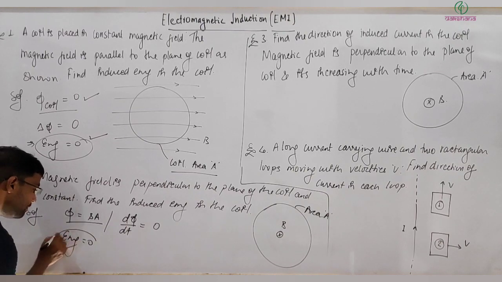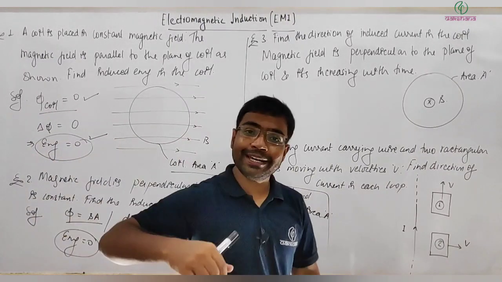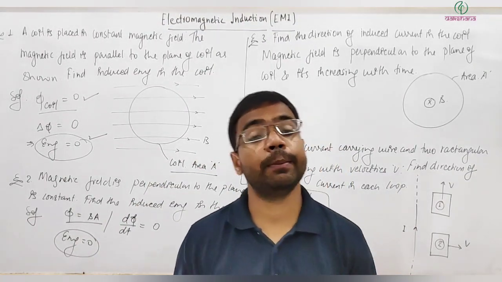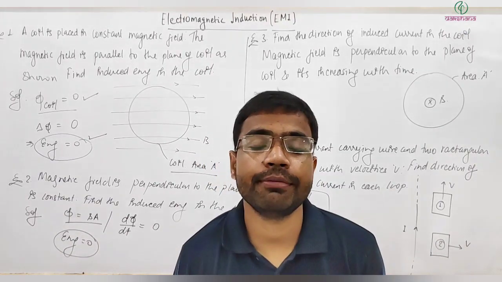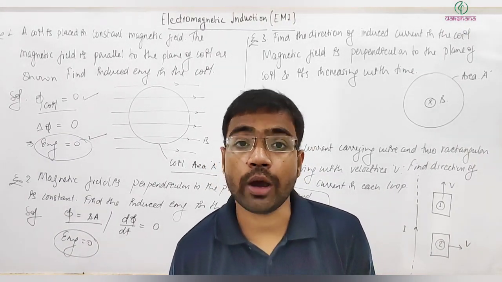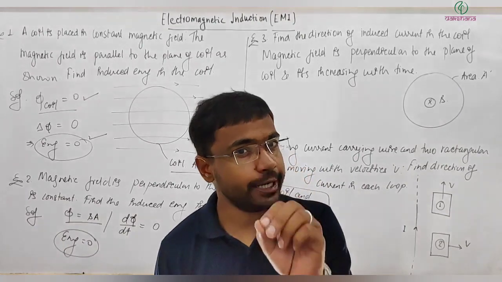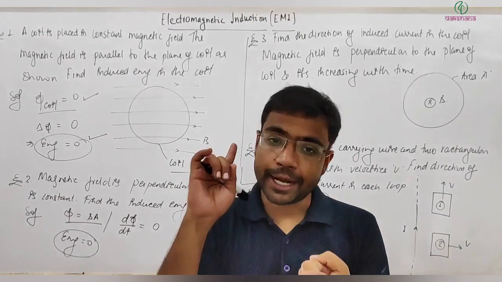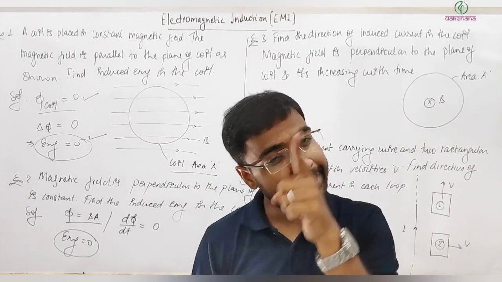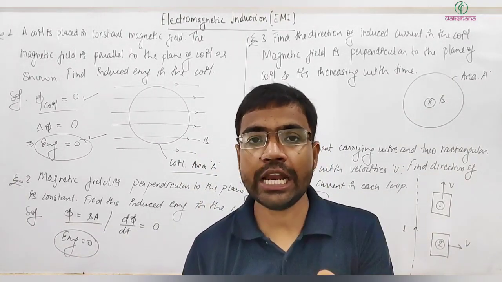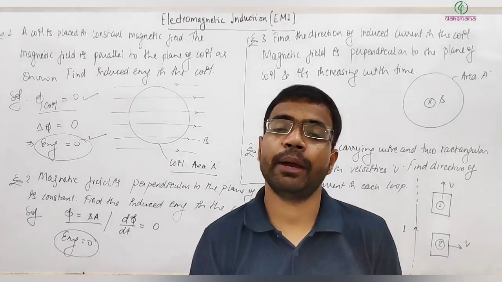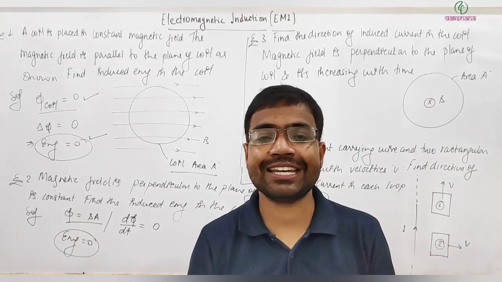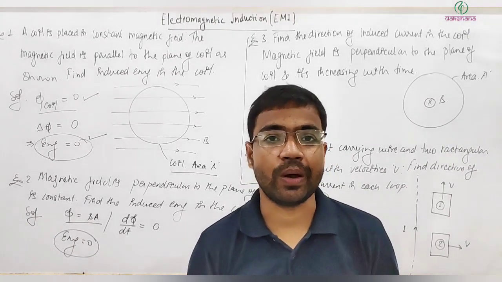So even when there is magnetic flux but it's constant, not changing with time, the induced EMF in the coil will be 0. So the point is, for EMF to be induced in the coil, magnetic flux must be there and it must be changing with time. If flux is there but constant, there is definitely no EMF induced in the coil, right?